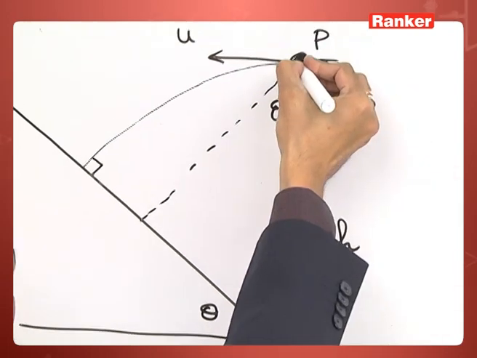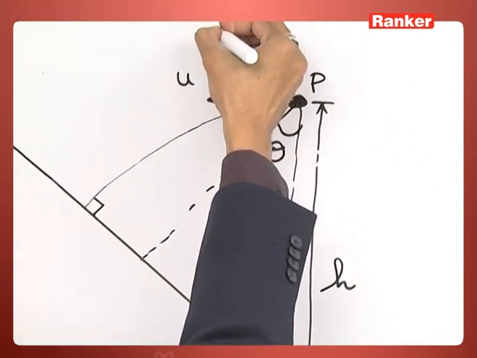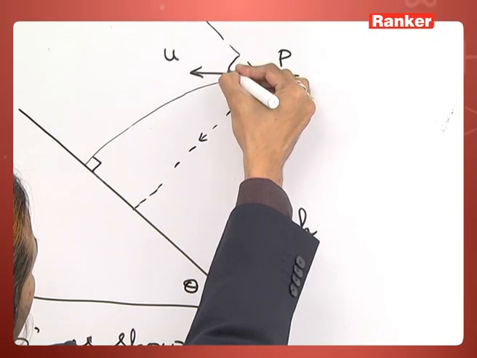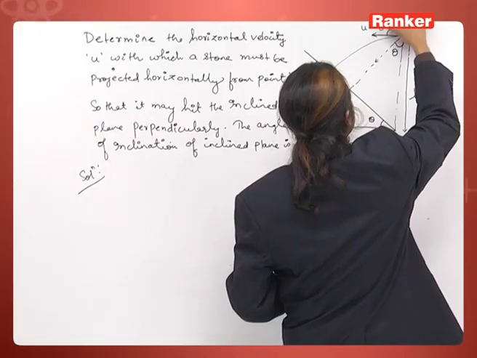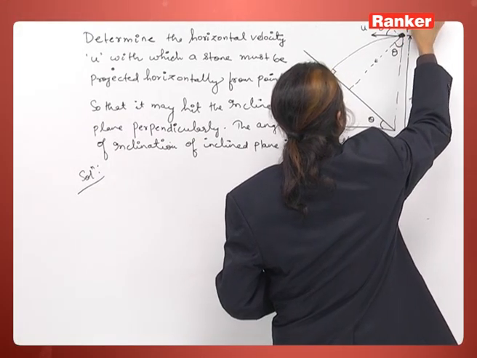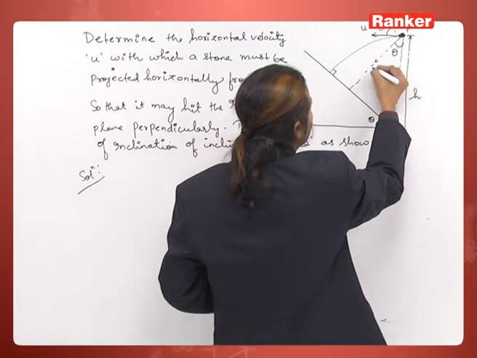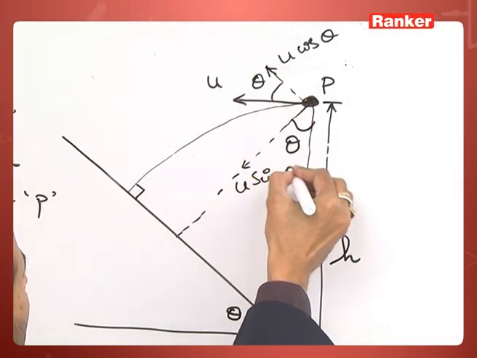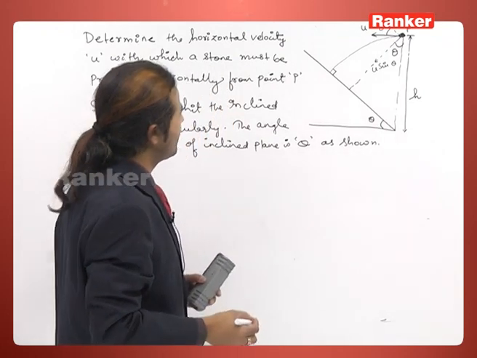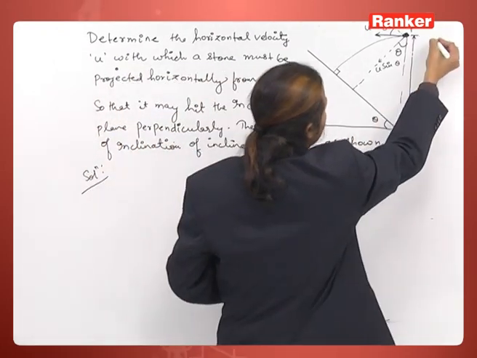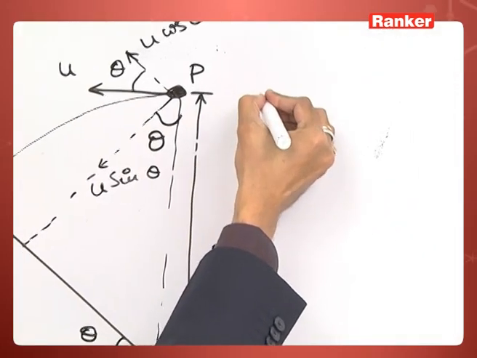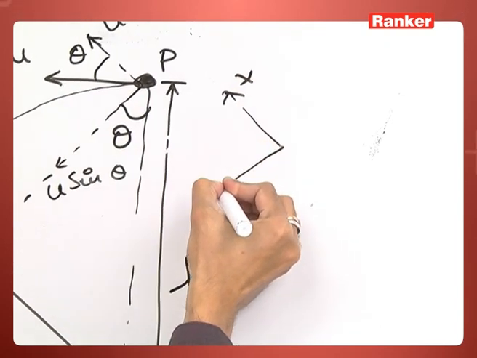So I take my x-axis, y-axis like this. Now this will be u sine theta. This is my x-axis, this is my y-axis.